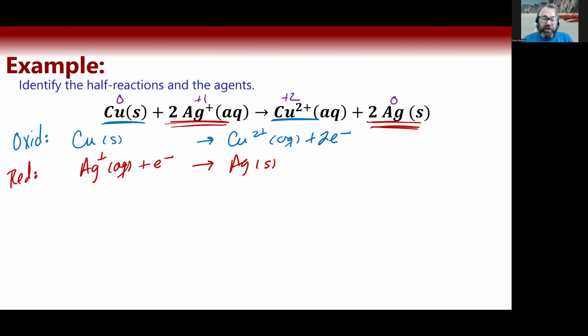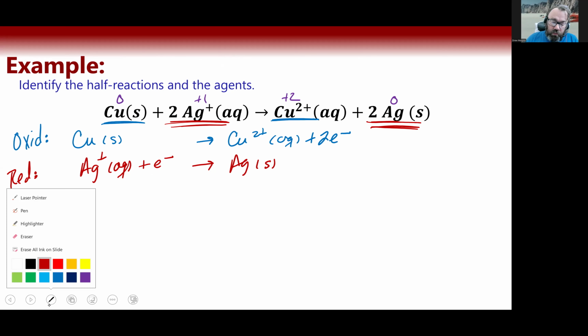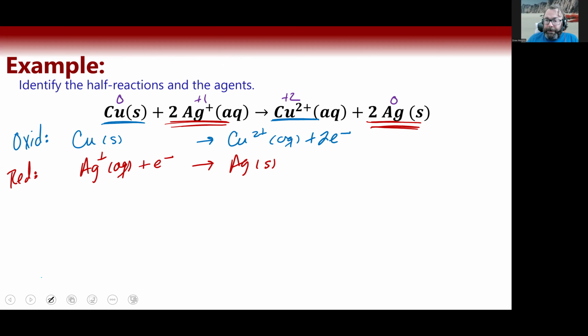Now that we have the half reactions, we can figure out what is going on. Now look at it. What thing was oxidized? Copper was oxidized to copper 2 plus. So that means copper is the reducing agent.